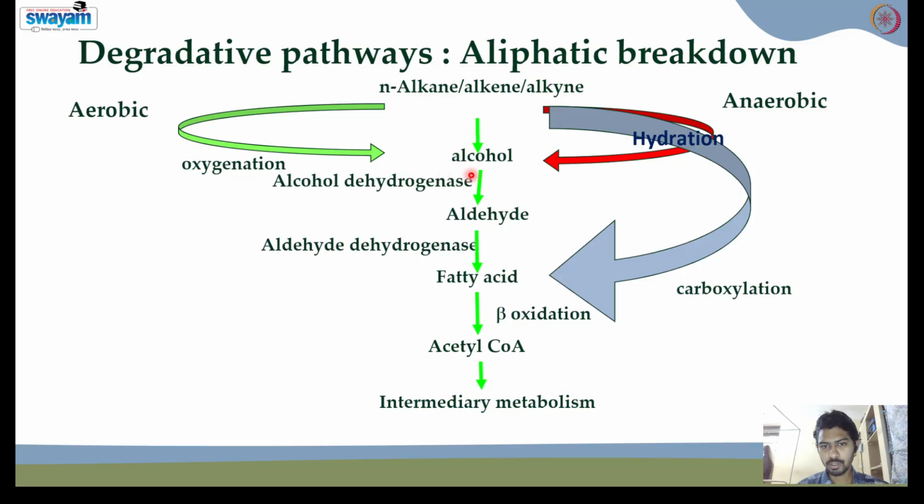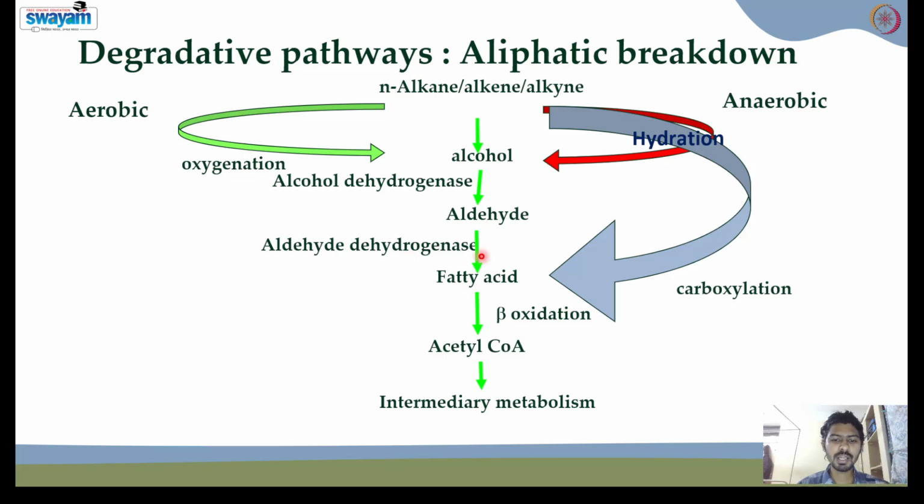Once it has formed alcohol, it converts into aldehyde by secreting alcohol dehydrogenase enzyme, and then the aldehyde will be converted into fatty acid through aldehyde dehydrogenase enzyme, where dehydrogenase means removal of hydrogen atoms from their structure.